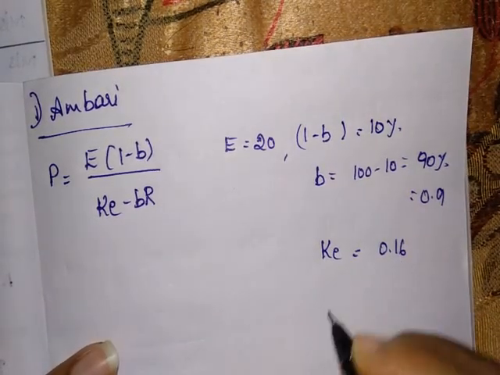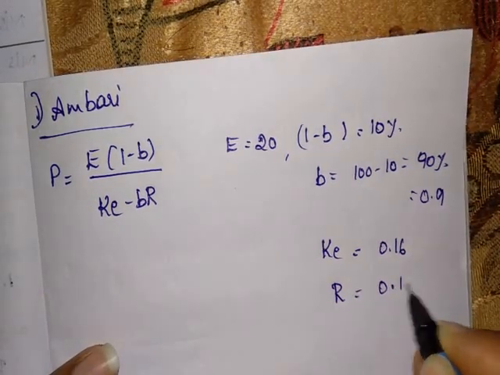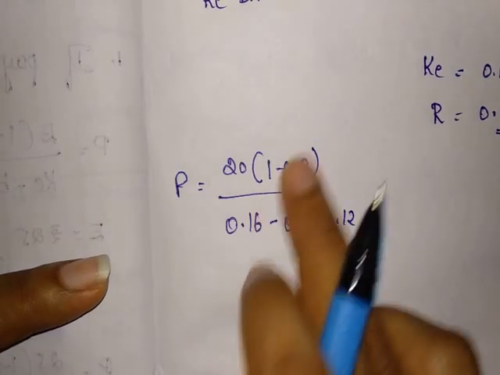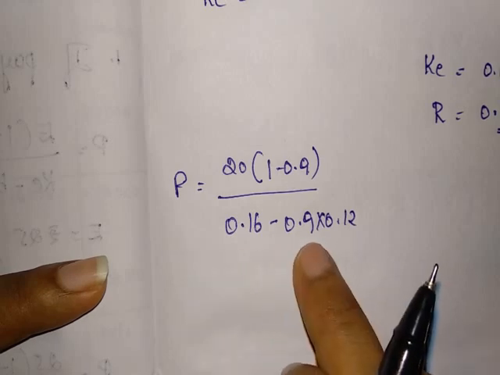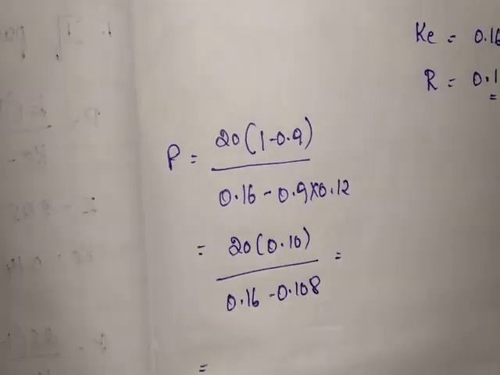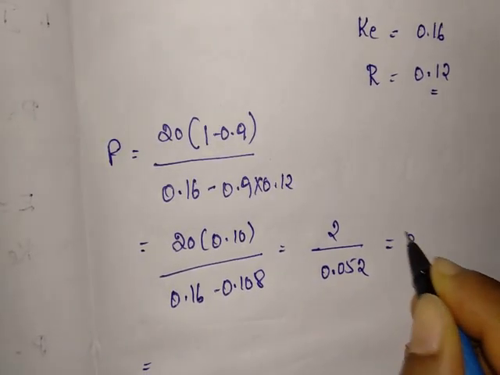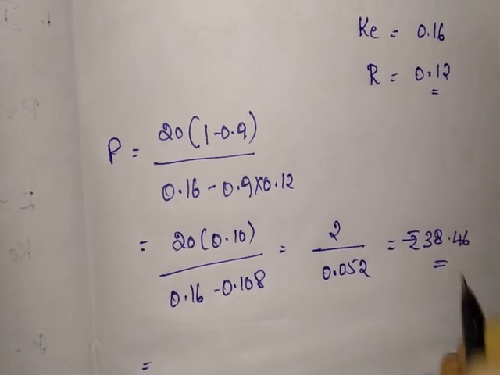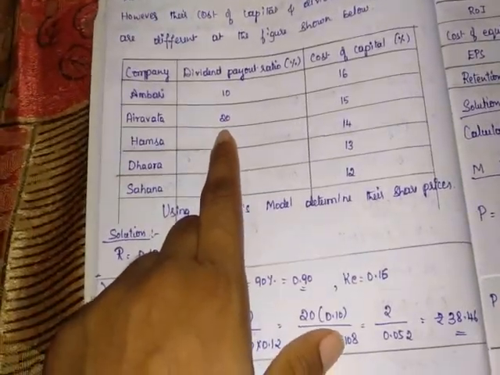Then return on investment, that is R, is 0.12. P is equal to 20 into 1 minus 0.9 divided by 0.16 minus 0.9 into 0.12, which is 0.052. So market price is rupees 38.46.